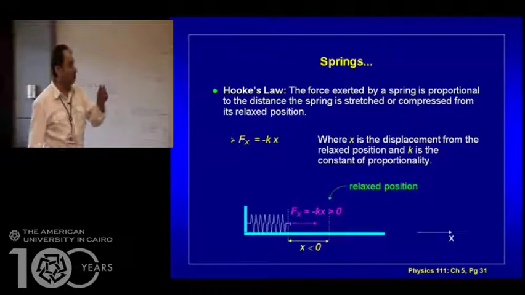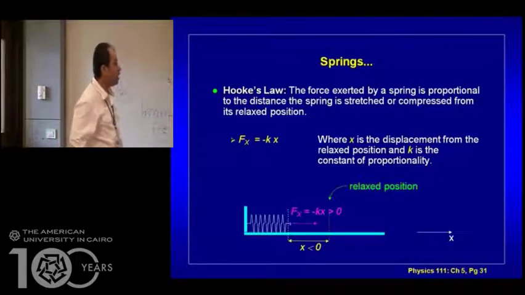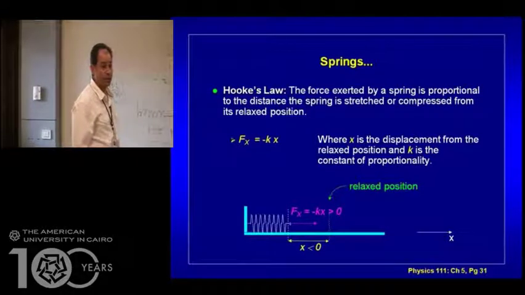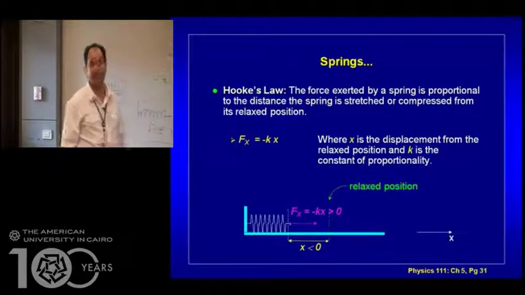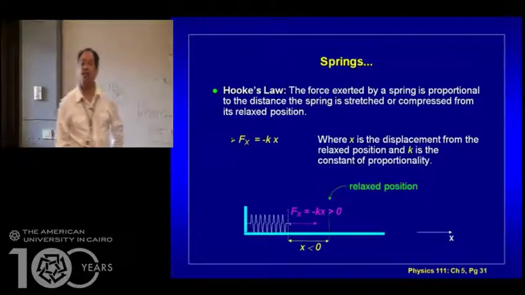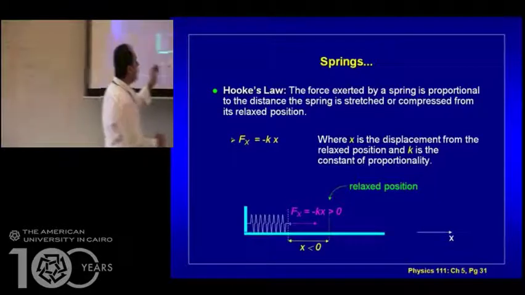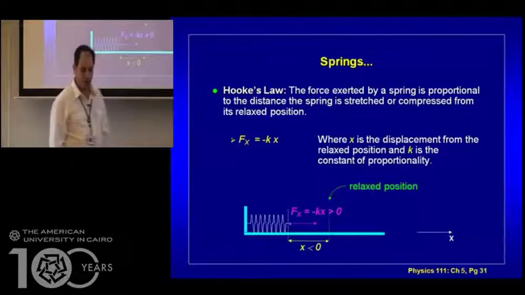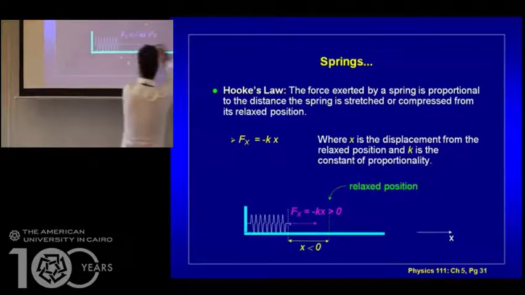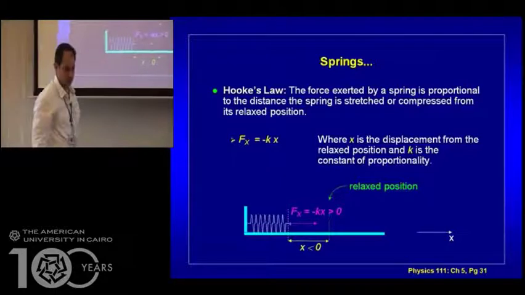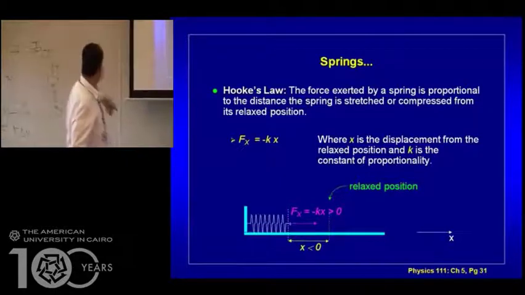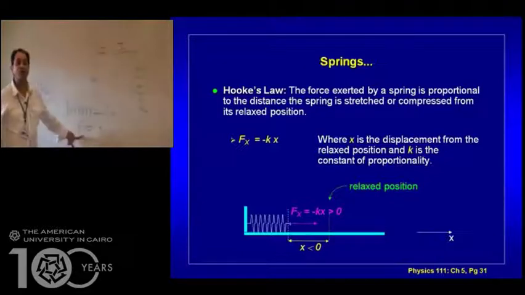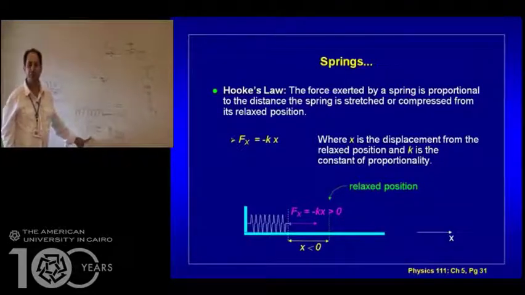And if you look at the equation on the screen, you'll find a negative sign. That negative sign has a meaning. It means that if you are pulling that spring, that force actually is not the force that you're pulling the spring with.